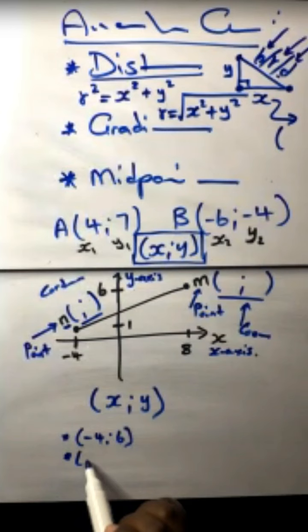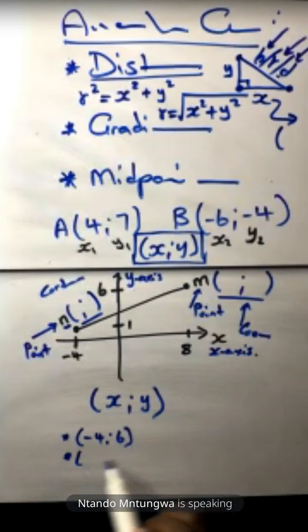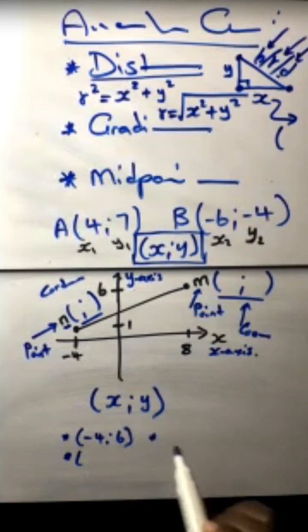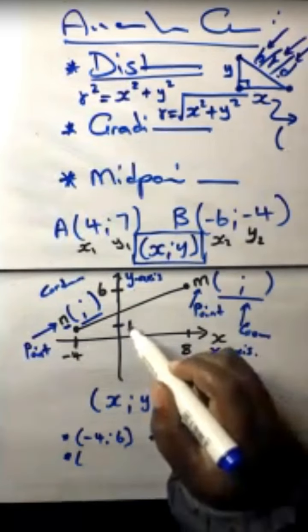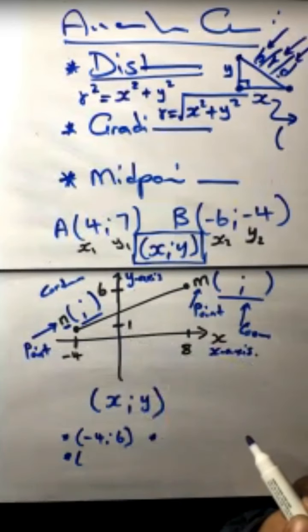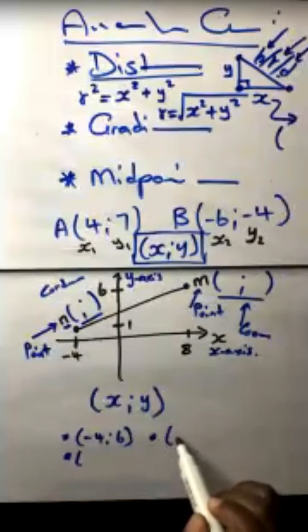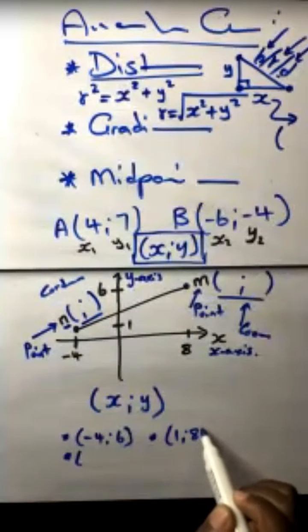Next one. So for M, is that -1, sir? Which one? No, this is 1. So it'll be 1 and 8, sir, for M. 1 and 8.